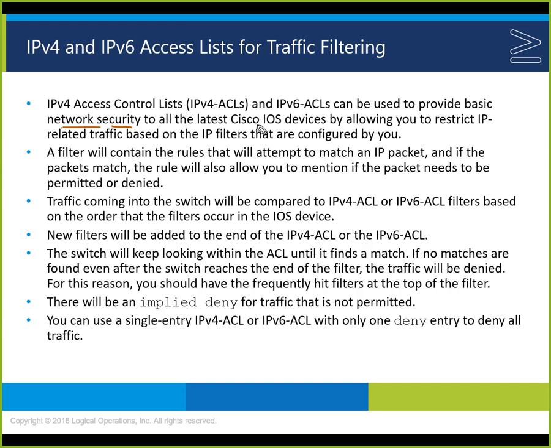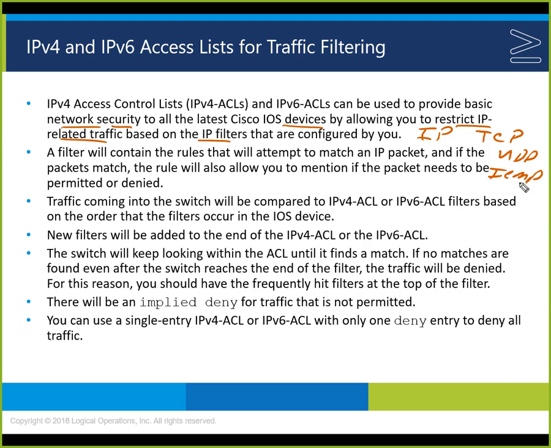But they protect network access to the devices by allowing you to restrict IP related traffic based on IP filters that you've configured. We can restrict based on IP address or TCP, UDP, and ICMP port numbers.